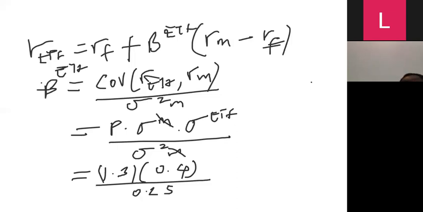So that we have 1.3 times 0.4 divided by 0.25. And that gives you beta equal to 2.08.